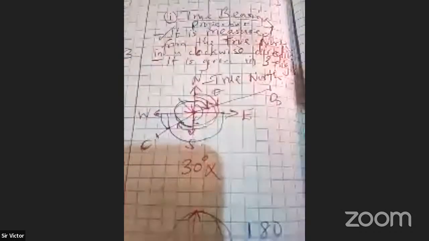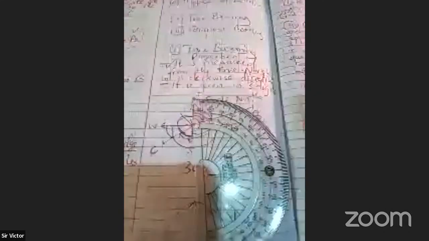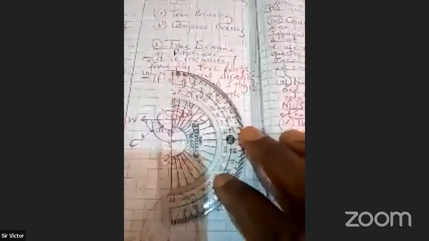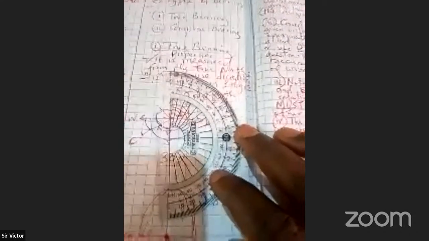Girls, stop being quiet like that. So we said if we have a point C, this is the point you have been given, you want to measure from the true north. This is the true north and we agreed that all the measurements are taken from the true north. So everybody get hold of your protractor, please.